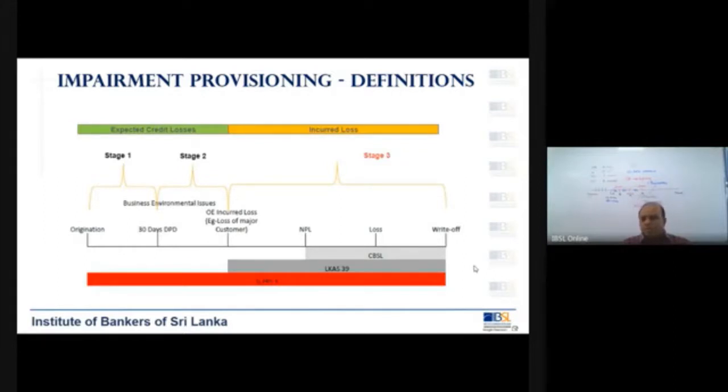So maybe say a customer, the borrower becoming mentally handicapped. That is also could be possible due to stress or something. He can turn into like that, and he can't run a business thereafter. So obviously your loan will not be paid. So that point we call it as objective evidence of incurred loss.